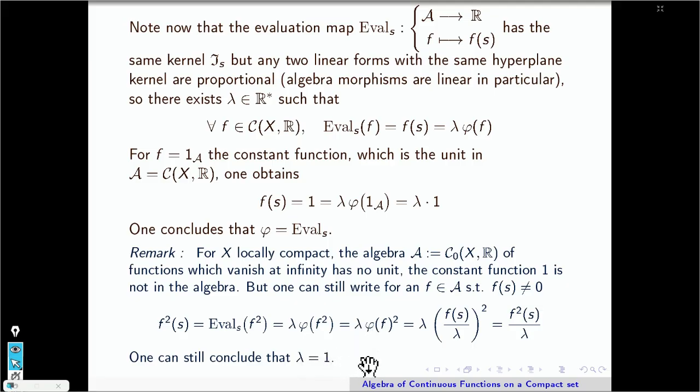So if we want to summarize now, in the first question, which is basically a technical question, we see that every ideal is included in a maximal ideal. In the second question, the maximal ideals are precisely of the form of the functions that vanish at one point.